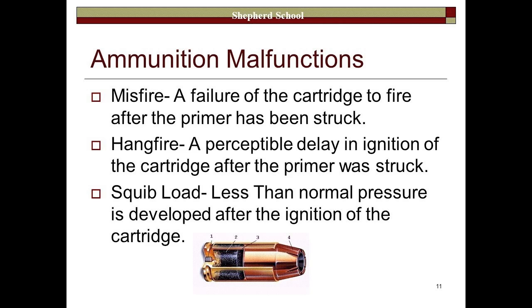A hang fire is the same thing, but there's a delay. The last kind of malfunction is called a squib load, and that happens when you have less than normal pressure when you fire the round. A lot of times if you have a squib load, the round can get stuck in the barrel.